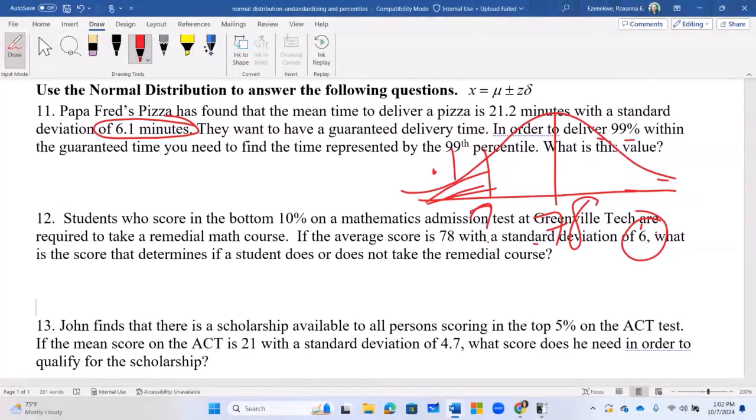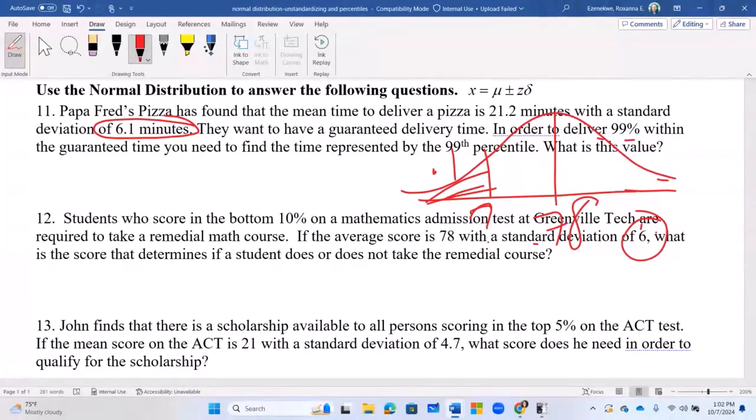So I want to calculate the passing score to get into the other class if it's not remedial. Students who score the bottom 10% on the mathematics admission test are required to take remedial math class. So if you score at this, it means you have to take remedial.